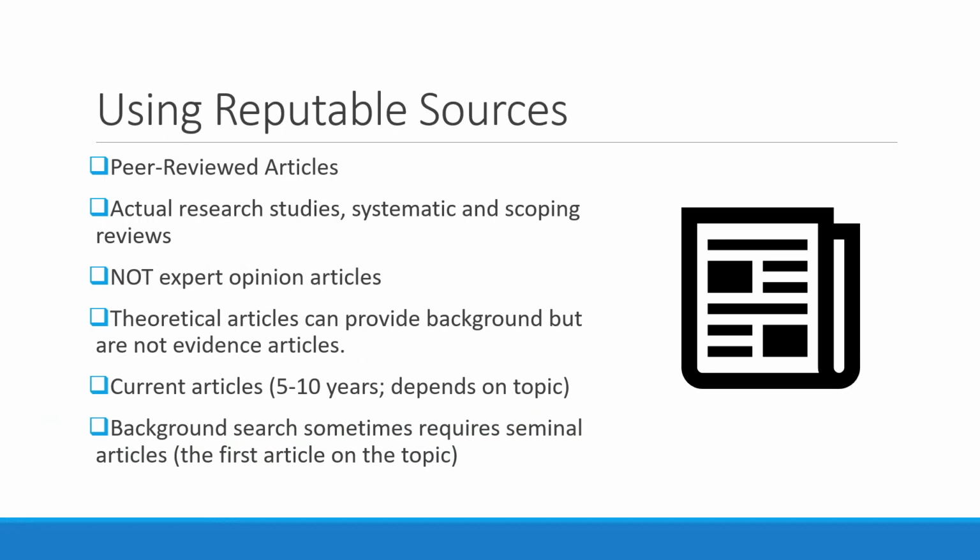I recently did a study with a group that we ended up having to go back about 20 years because there really wasn't anything done currently on our topic. But you have to kind of let the topic guide you on that. If it's something like, say, falls prevention, where there is a lot of literature, you may want to look at only the past 5 years. Okay. And your background search sometimes requires what's called seminal articles, the first article that ever existed on the topic.